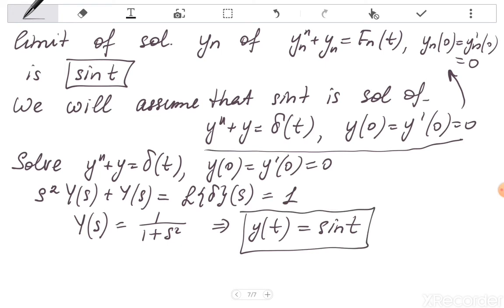So we got the same thing as the limit of the solutions yn, using the Laplace transform approach. So one can prove that we can always use this approach to solve this initial value problem. Let's now use this approach for a different example.